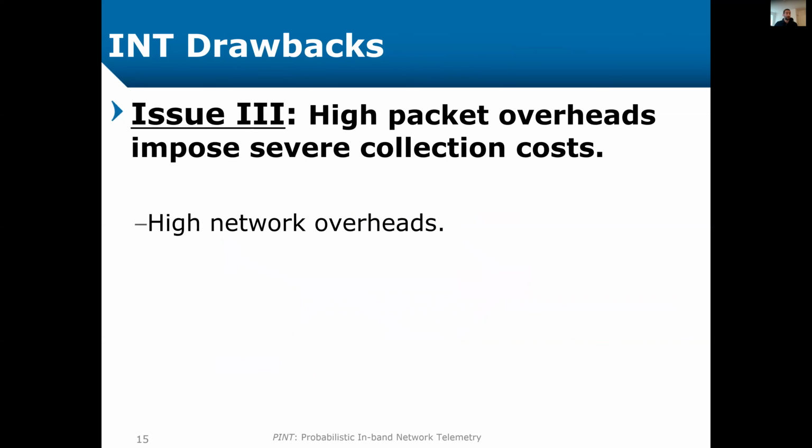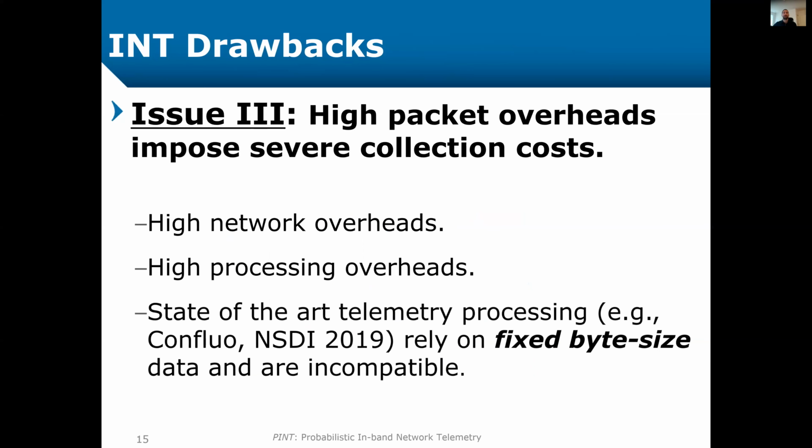So it overloads the network, it creates high processing overheads at the collector, and more than that, state-of-the-art telemetry processing systems like Confluo actually assume that each packet carries a fixed byte-size amount of data, which is not the case in INT.